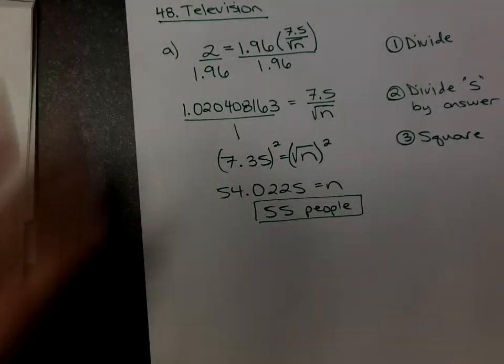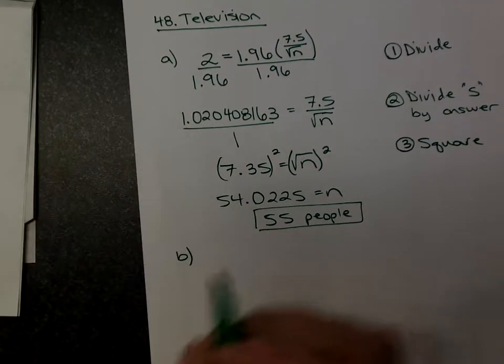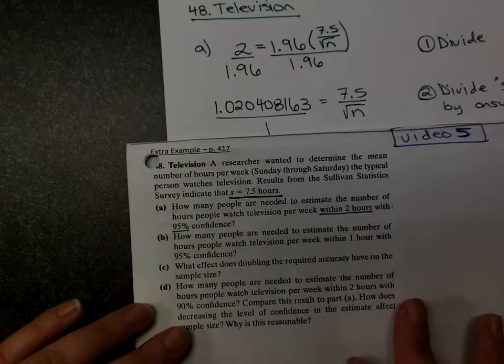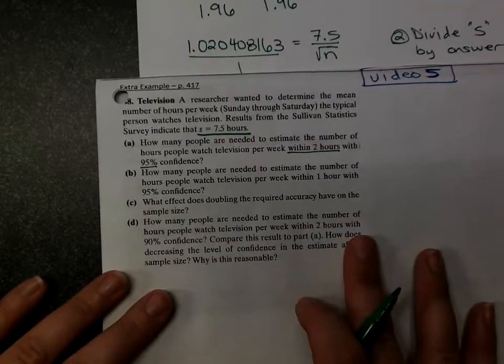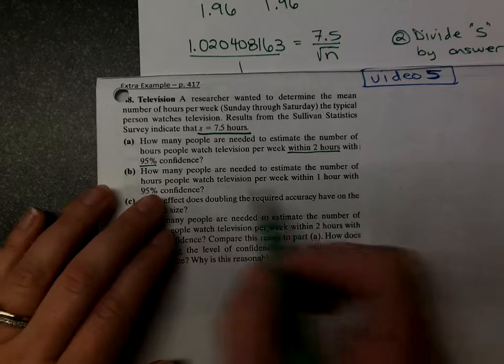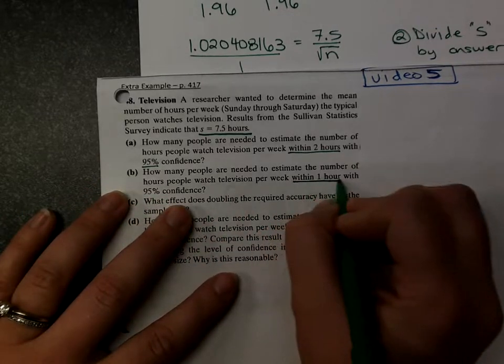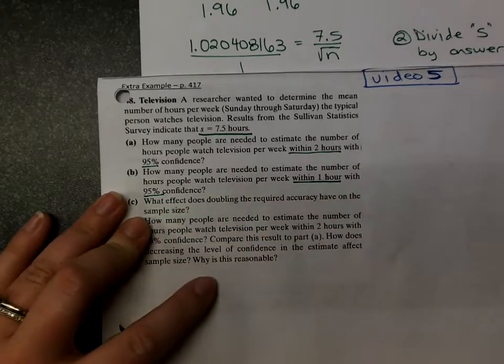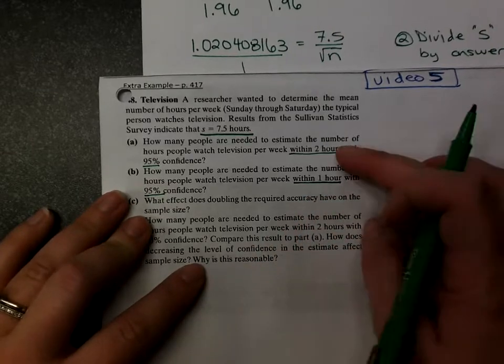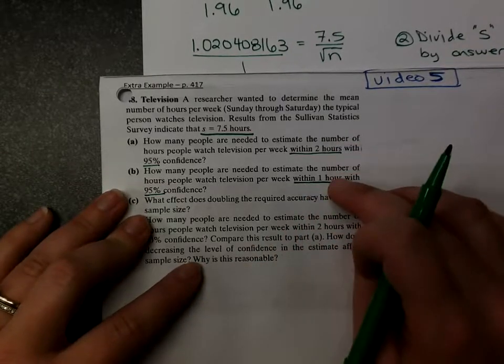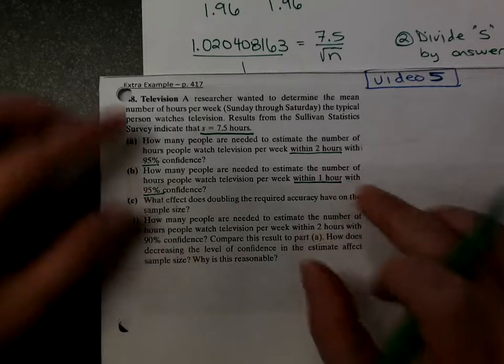So part B, how many people are needed to estimate the number of hours people watch television per week within 1 hour with 95% confidence? Everything is the same except my margin of error just got cut in half. Instead of within 2, I want to be within 1.